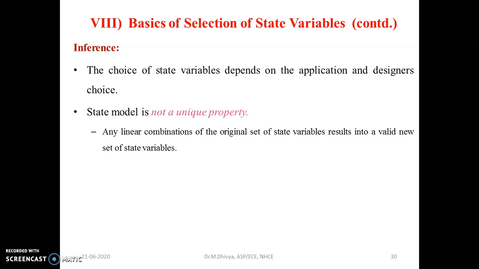Any linear combination of the original set of state variables results in a valid new set of state variables. But the transfer function derived for any set of state variables is always unique.